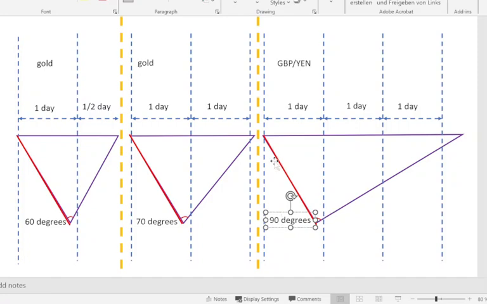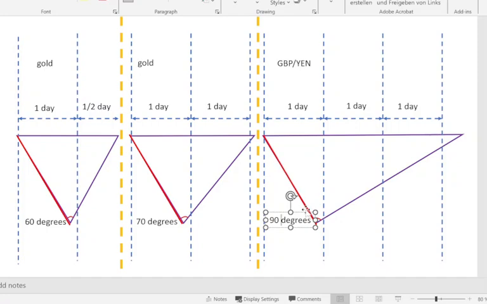Of course, there are sharp movements, but I have shown you in previous videos, if you look at the analysis I have put in the GBP yen pair, sometimes there is also a triangle which is always right angled, and this helps you see approximately how long you need to be in a trade before it can reach your desired target.